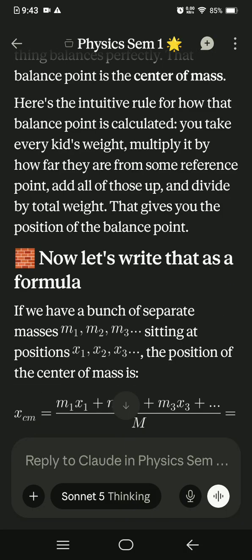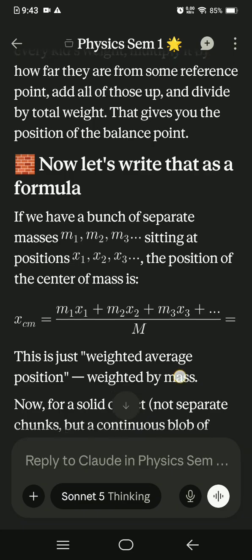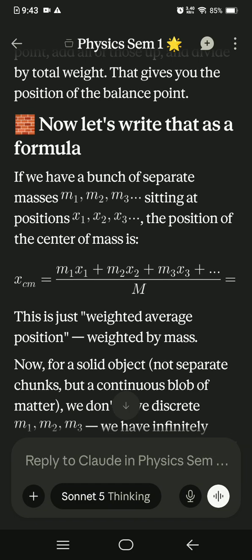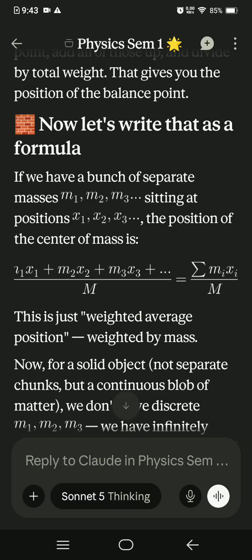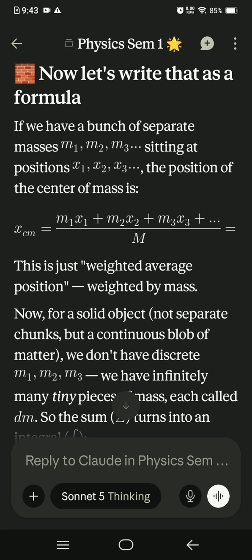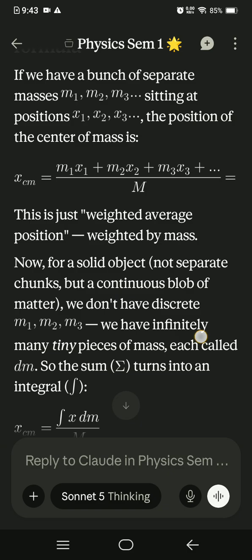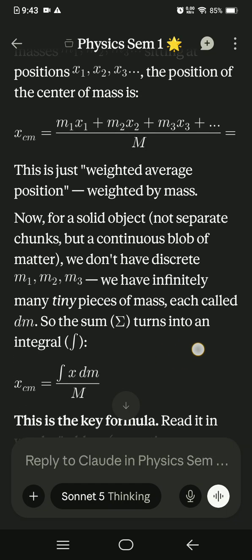Now let's write that as a formula. If we have a bunch of separate masses m1, m2, m3 sitting at positions x1, x2, x3, we are taking m1 x1, m2 x2, adding those up, summation of mi xi upon the total mass M. This is just a weighted average position, weighted by mass. Now for a solid object, not separate chunks but a continuous blob of matter, we don't have discrete m1, m2, we have infinitely many tiny pieces of mass, each called dm.